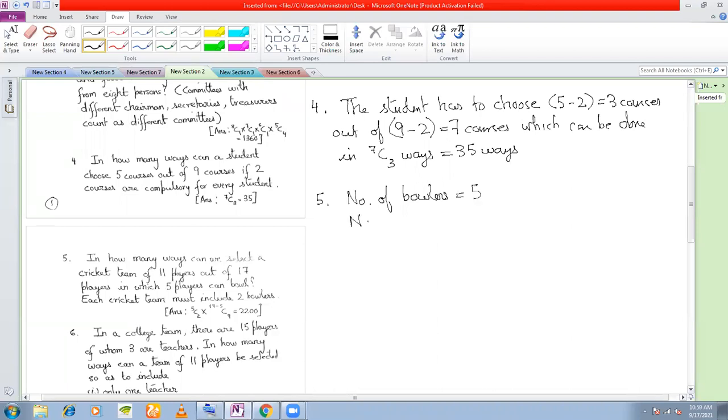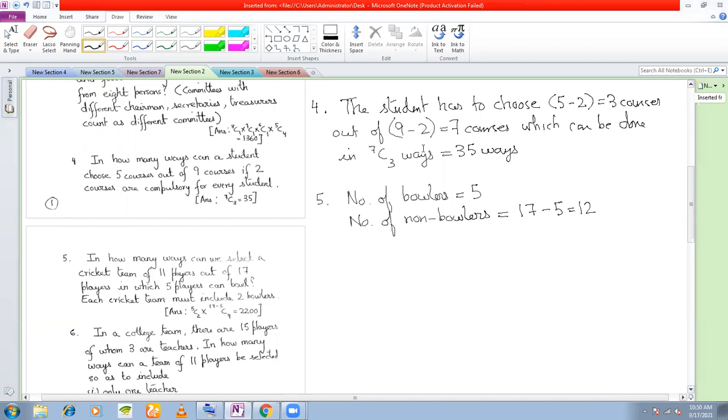So what is the number of non-bowlers? 17 minus 5, which is equal to 12. Okay. Now this team must include 2 bowlers.